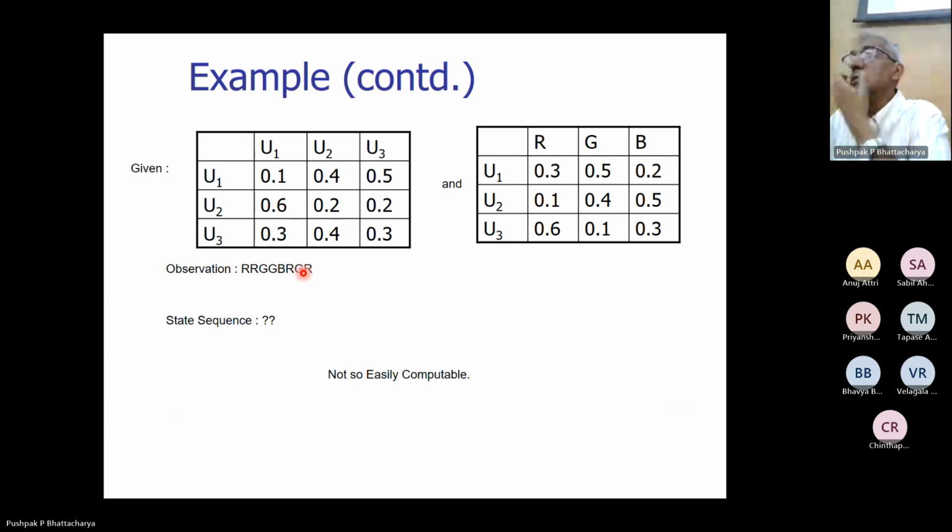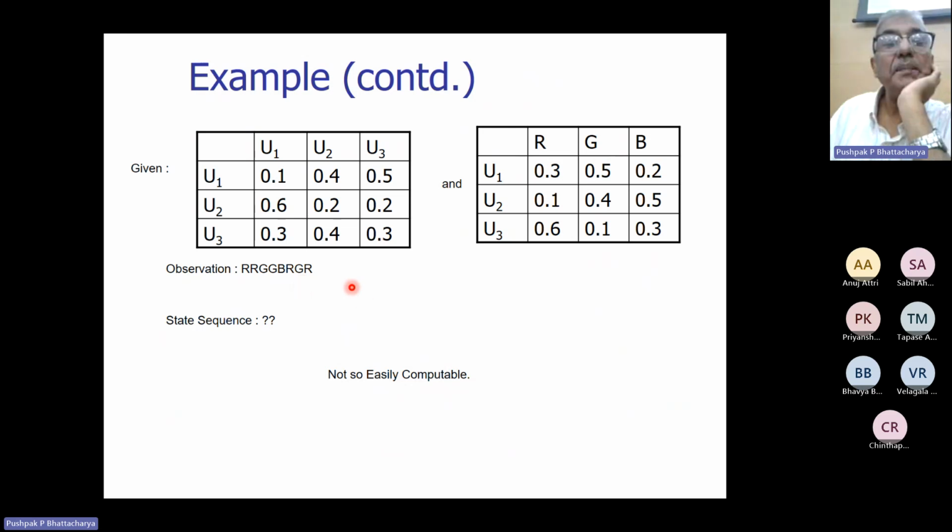The observation given to us is the sequence of colors. We have to find out the most likely sequence of urns from which the balls have been picked, and this sequence is produced. So this is the formulation.